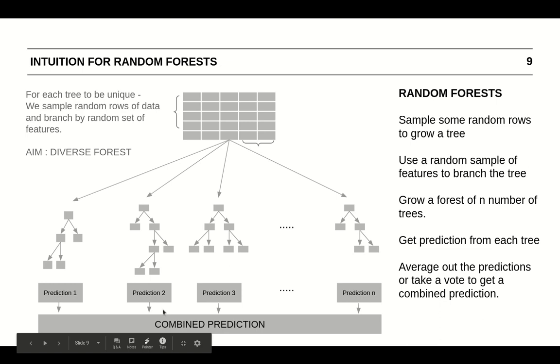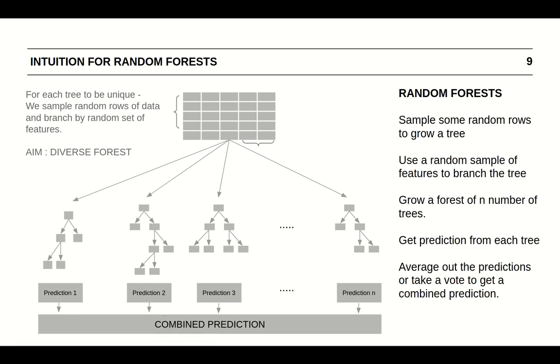Often our combined prediction is much more accurate than the prediction by any individual tree. So this bunch of slightly diverse trees is what is known as a random forest.